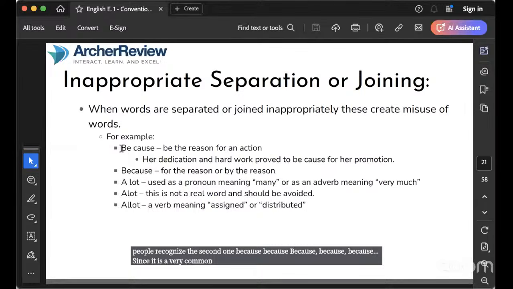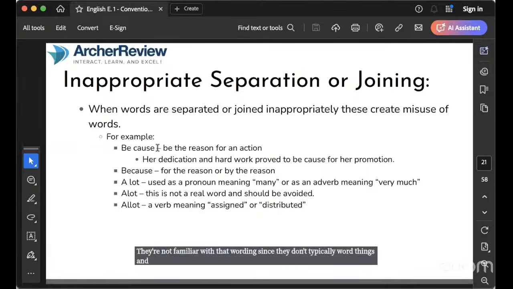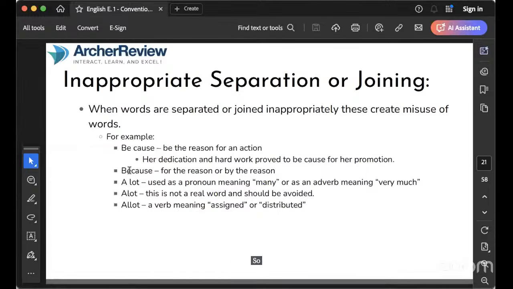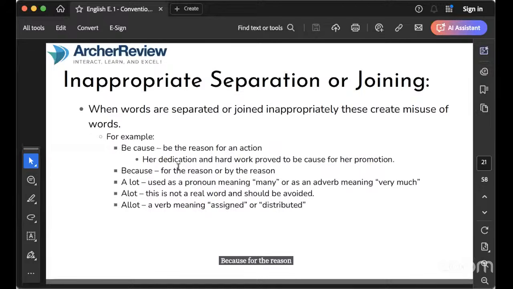However, a lot of people are not familiar with the phrase "be cause." They're not familiar with that wording since they don't typically word things and phrase things in that way. So when you use it, let's look at the second one since that's the more popular one. Because, for the reason or by the reason.